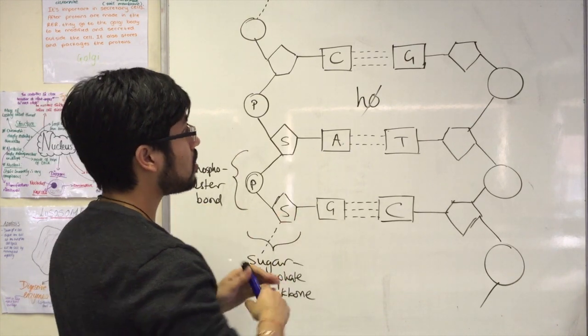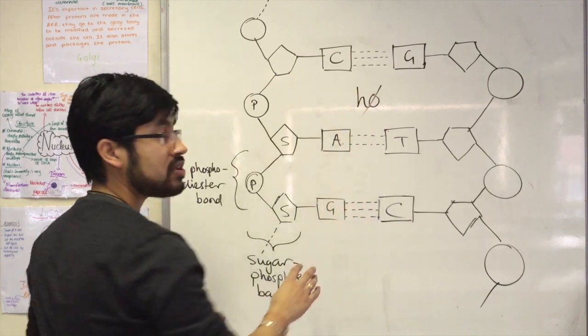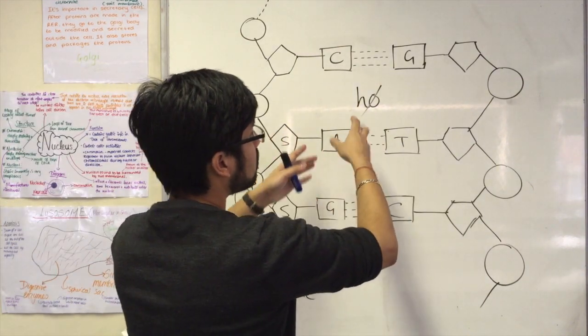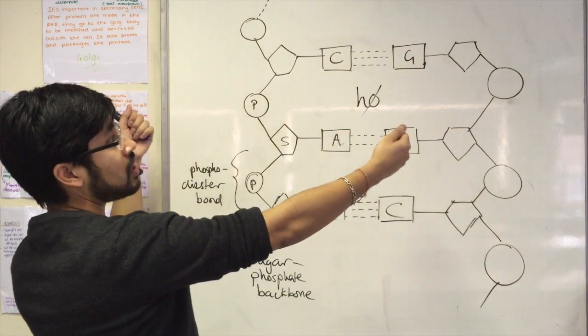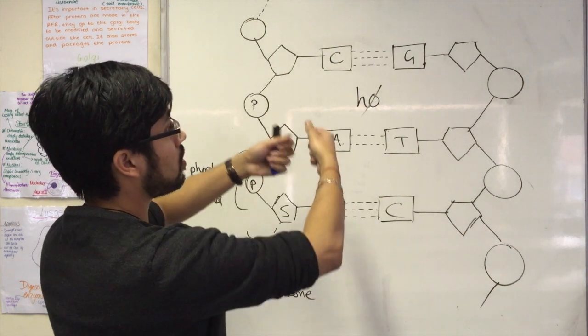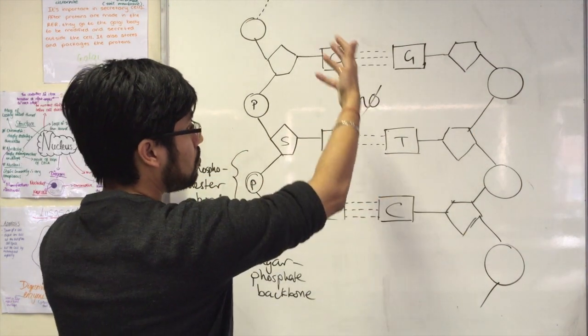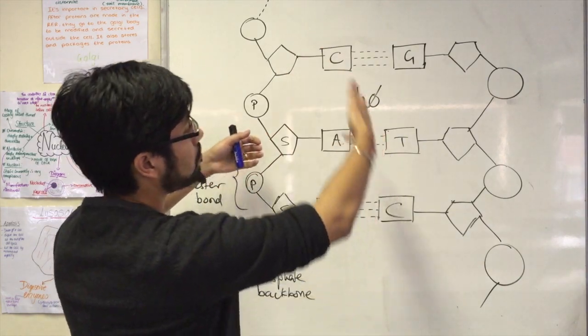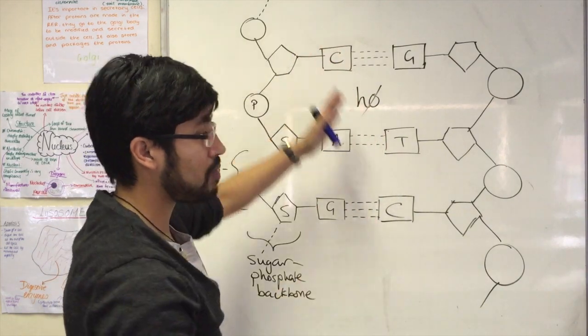And third, because you've got hydrogen bonding, which is a weak interaction, you can separate the two strands so that you could allow maybe transcription to occur, or you can allow the replication to occur.